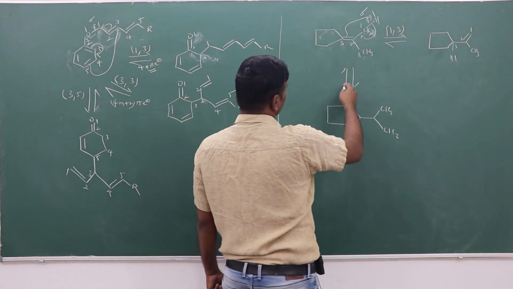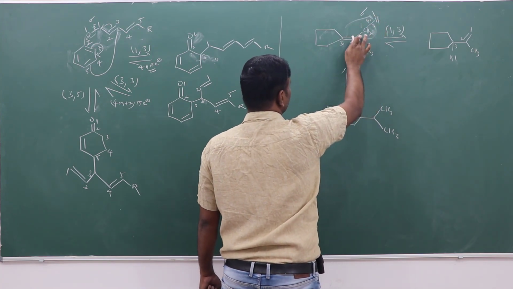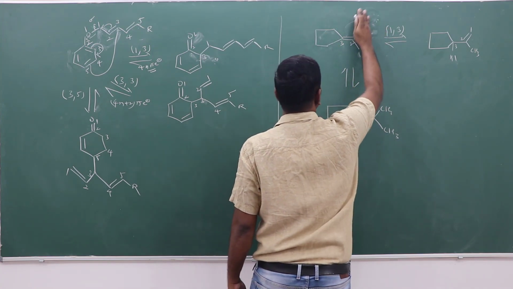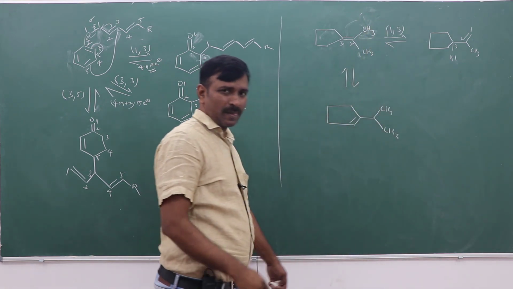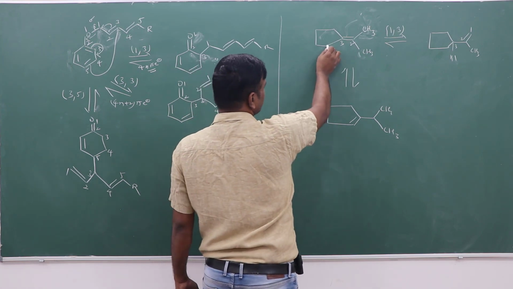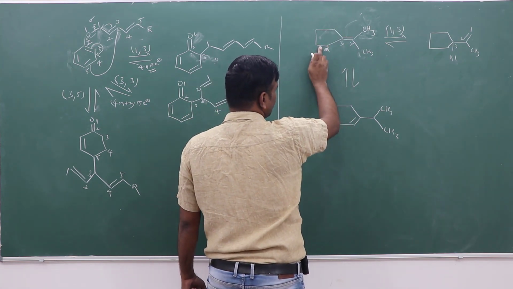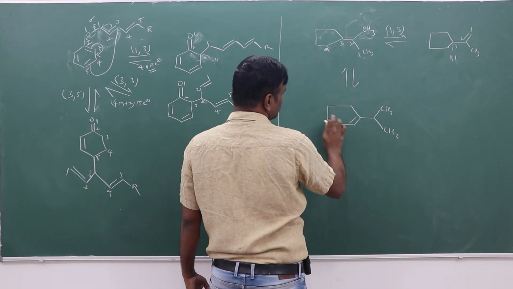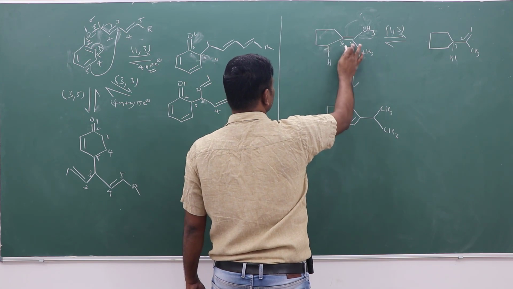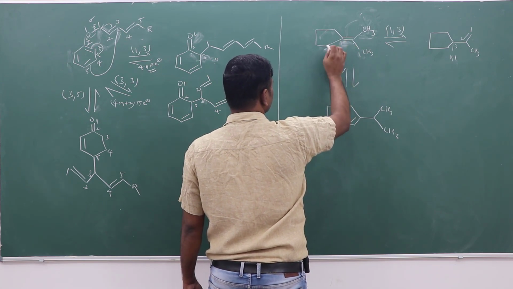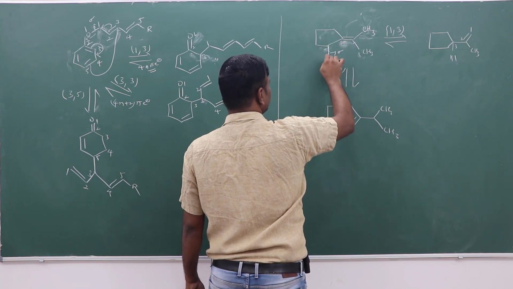Suppose here, this is the same example. Here also saturated positions are there, alpha positions. If this is taken as the sigma bond, this formation does not take place. So here the alpha position has attached groups. The saturated position also has hydrogen. So this is the migrating sigma bond.